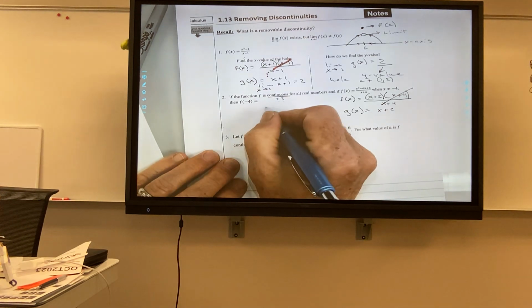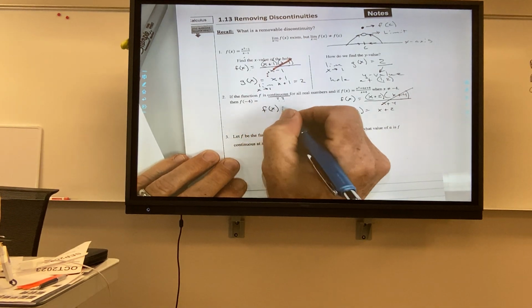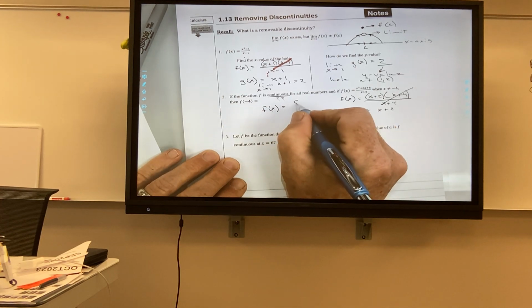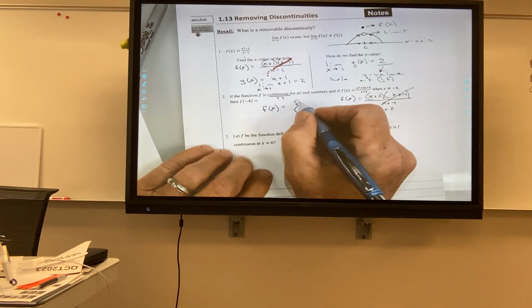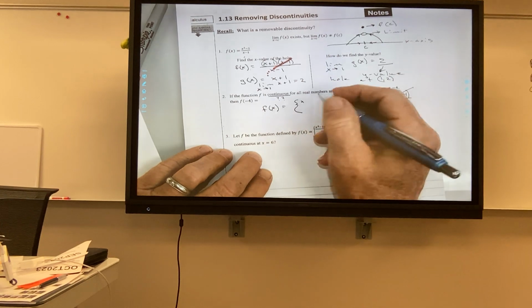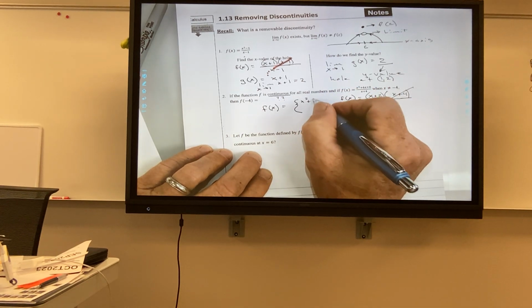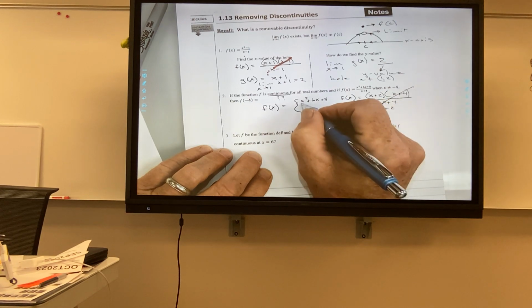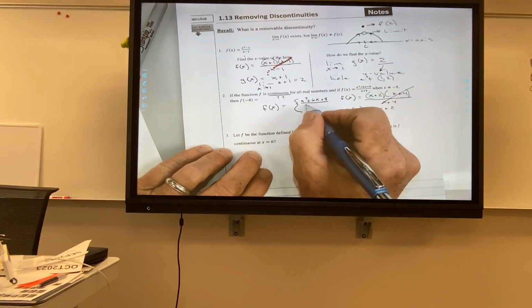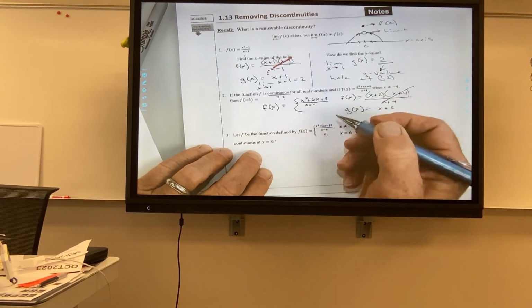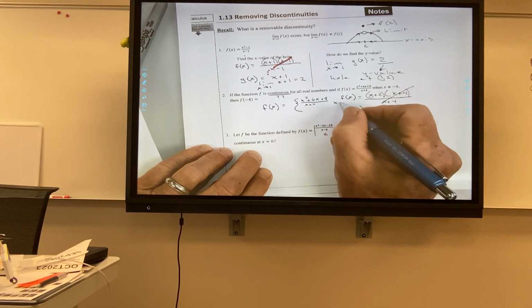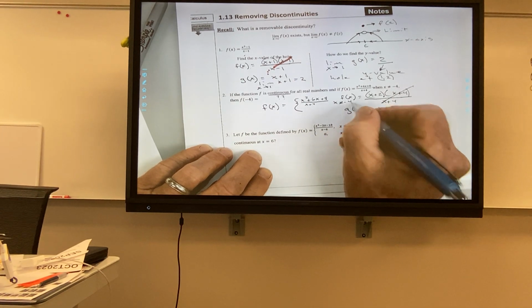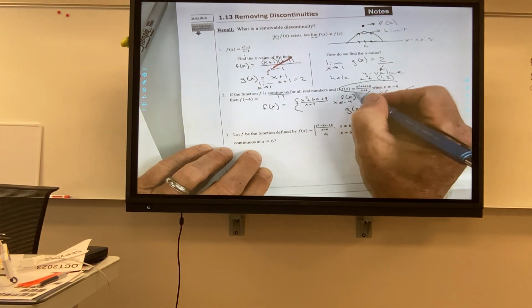So f of x must be a piecewise graph. It must be a piecewise graph that looks like this. On top is x squared plus 6x plus 8 over x plus 4, and this is for everything but this, because that's what they tell you right here.